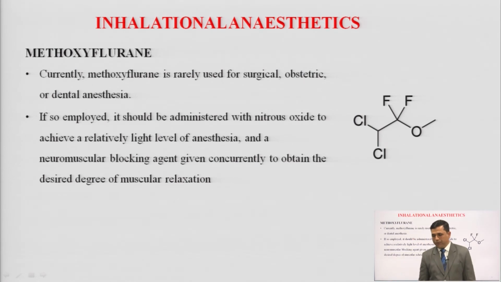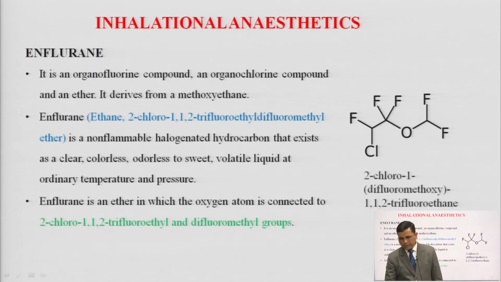Methoxyflurane is used for surgical procedures, and it should be administered with nitrous oxide to achieve a relatively light level of anesthesia, because neuromuscular blocking agents are given concurrently to obtain the desired degree of muscular relaxation.